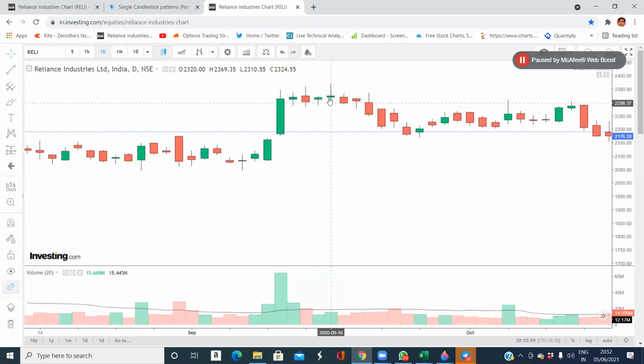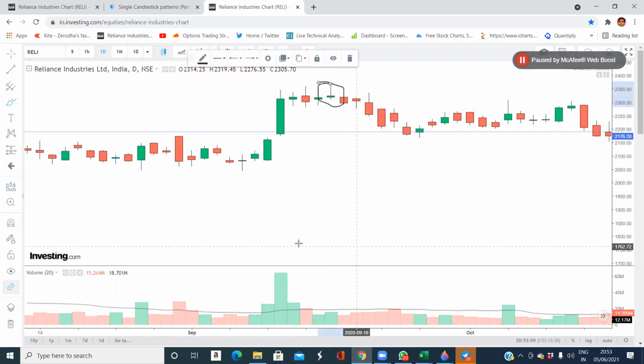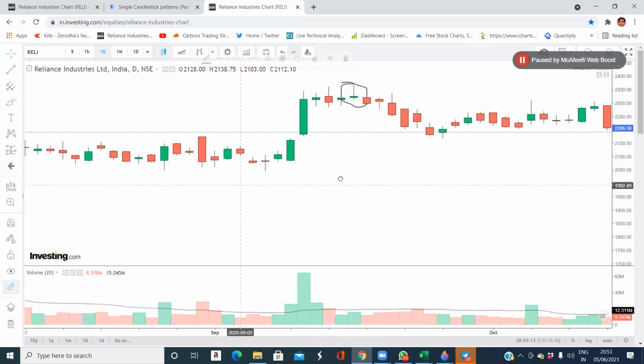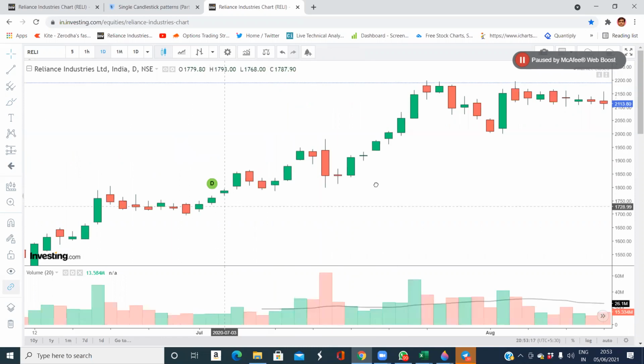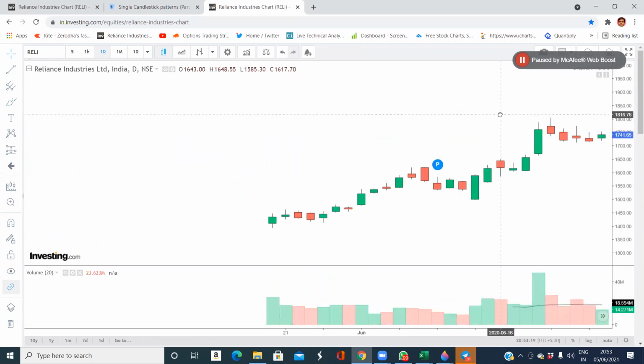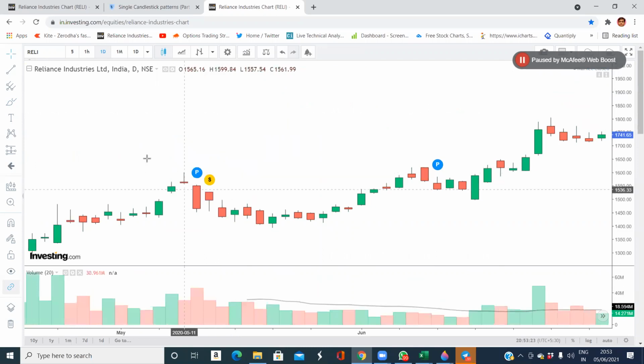You can consider this one, although not perfect, somewhat. See here, this one is the gravestone.